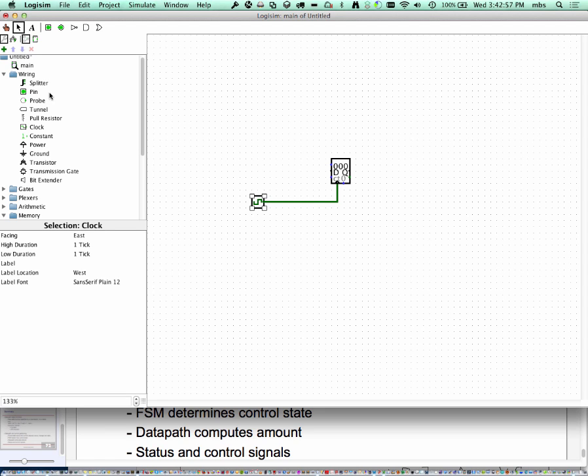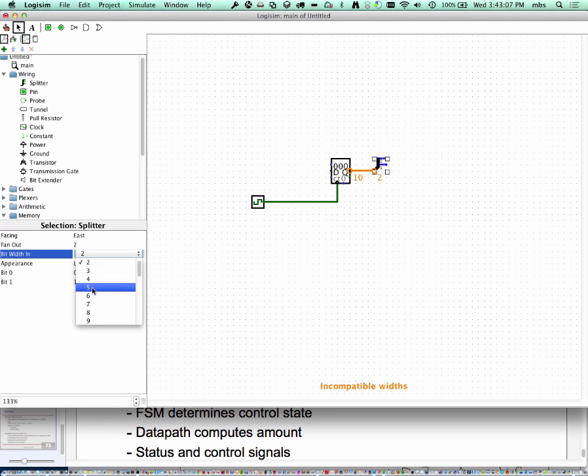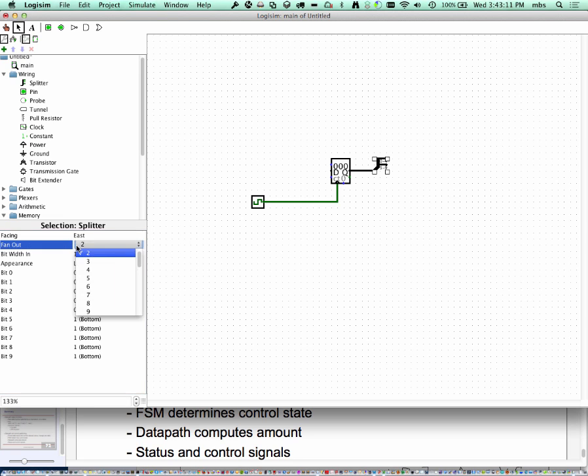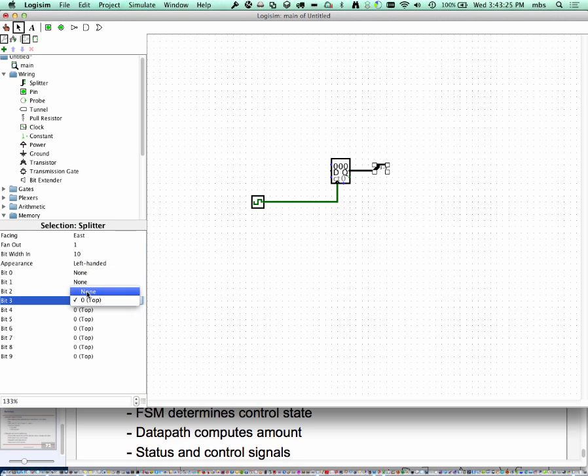Let's take a wiring splitter. This takes 10 bits in, and it has a fan out of 1.